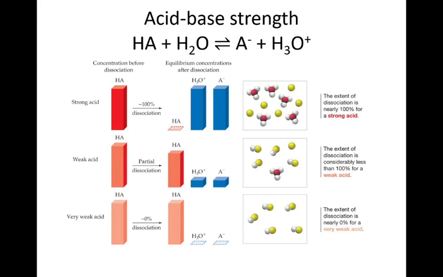And we can imagine that being on a spectrum where we can even have a very weak acid, where basically none of the HA dissociates, and so we have no H3O plus or A minus at equilibrium. And so these represent a spectrum. We can have things that are strong-ish and things that are weak-ish and everything in between.